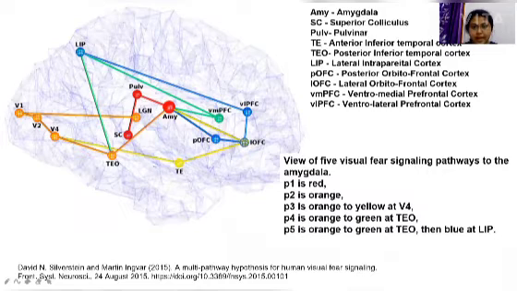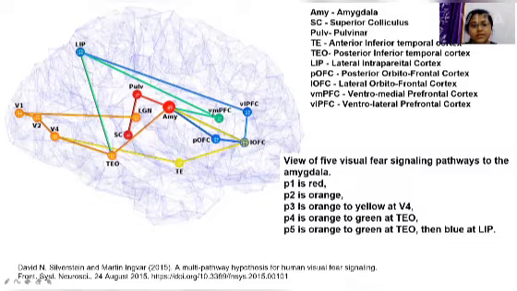the posterior inferior temporal cortex. Another part is from V4 to the anterior inferior temporal cortex, and then the lateral orbital frontal cortex to the amygdala. The other two paths start from the posterior inferior temporal cortex and go via the lateral intraparietal cortex.